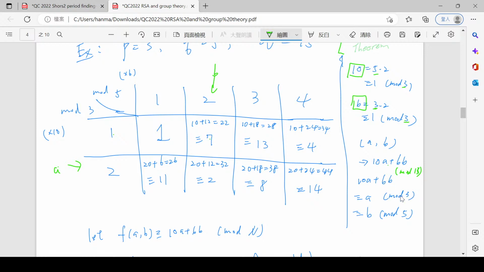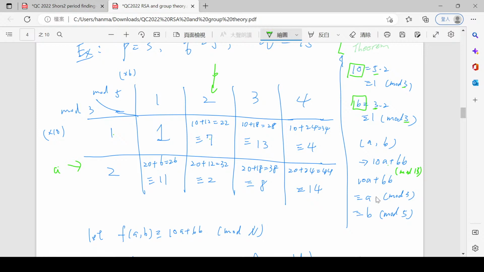So when we take mod 3, this part just disappears. And now think about 10 times A mod 3. But 10 is equal to 1 mod 3, so that's just equal to A. And similarly, when you take mod 5, this is reversed, right?